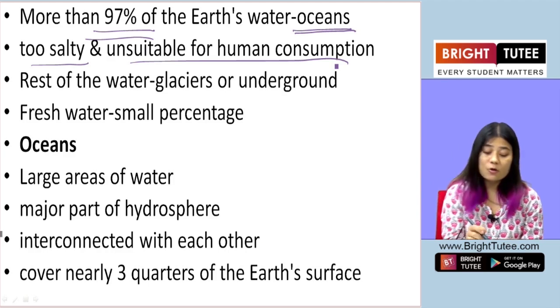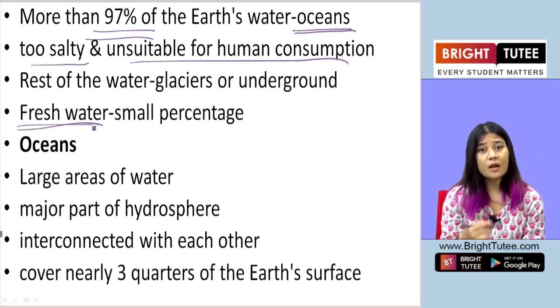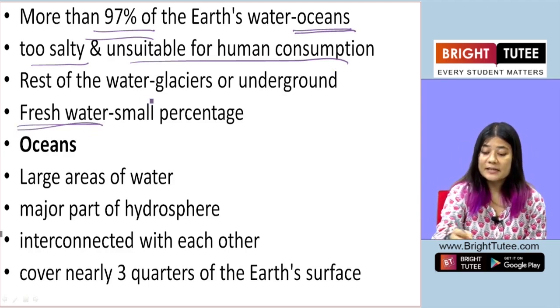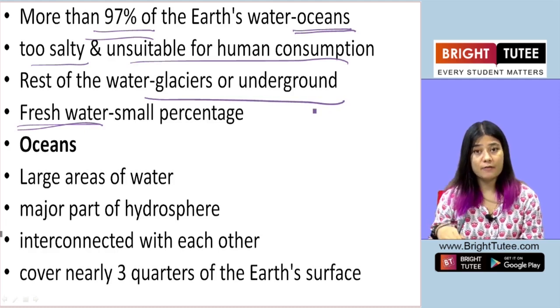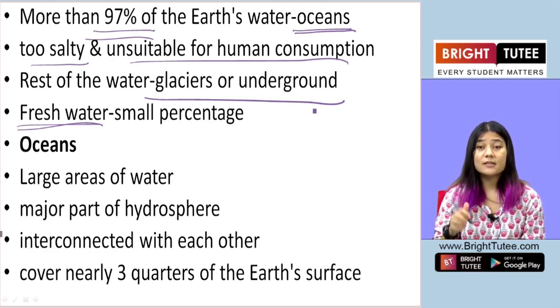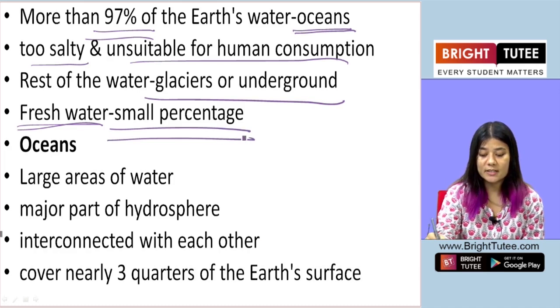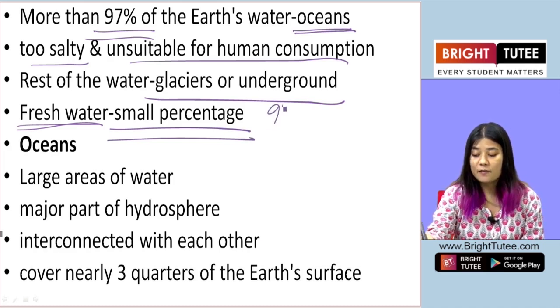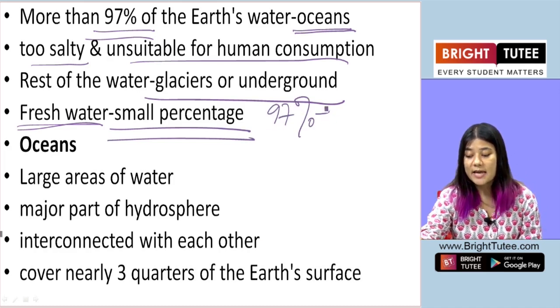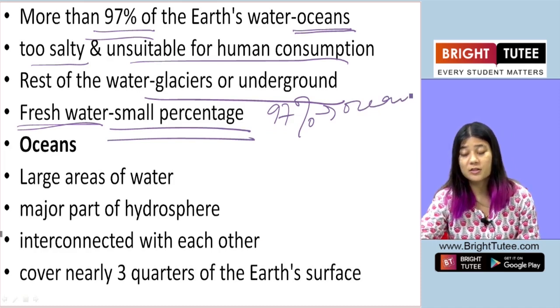So we cannot depend on the ocean water, which is salty. We have to depend on fresh water. Fresh water comes from glaciers and underground water, and the percentage of fresh water available on Earth is very small. Out of 100, 97% is the ocean water, which is salty.